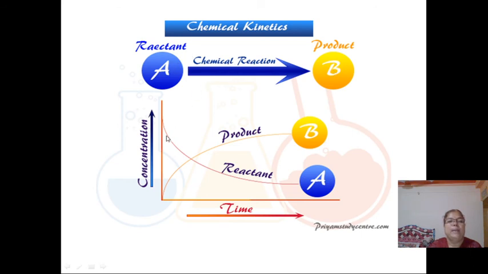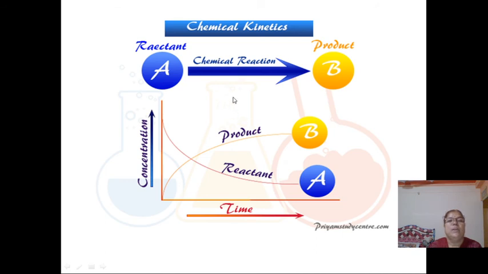In the graph of concentration versus time, the concentration of reactant decreases with time. This is the nature of the graph for the reactant, and the concentration of product increases with time, and this is the nature of that graph.